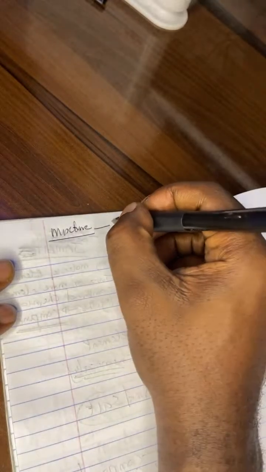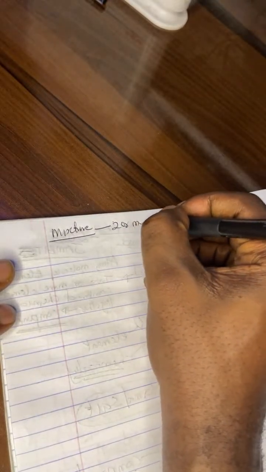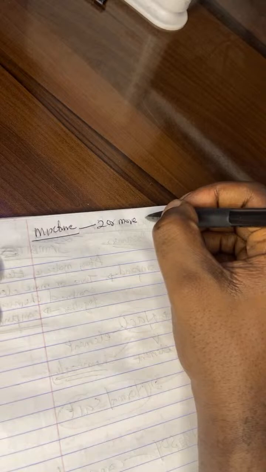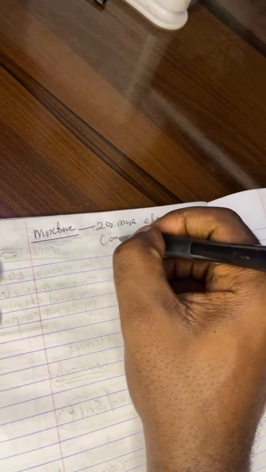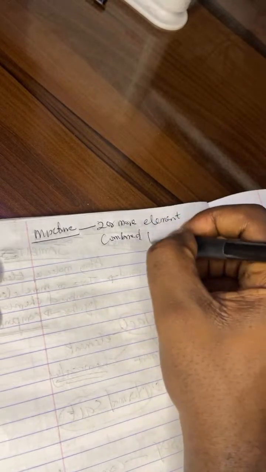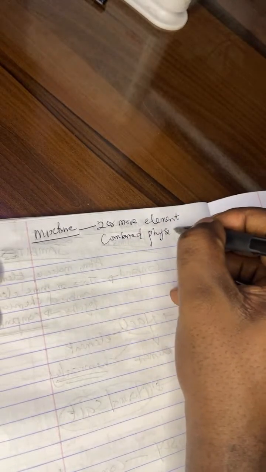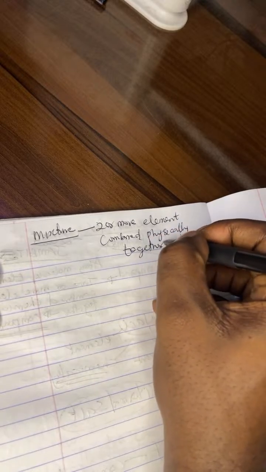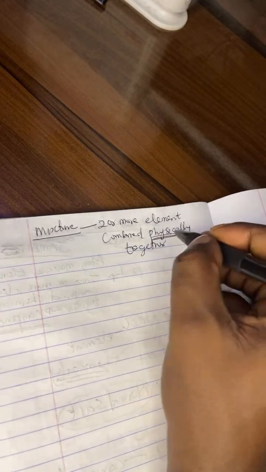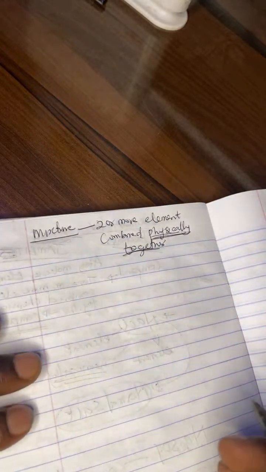Mixtures. A mixture is when two or more elements combine physically together. Please take note, this is physical combination. They must combine physically together.